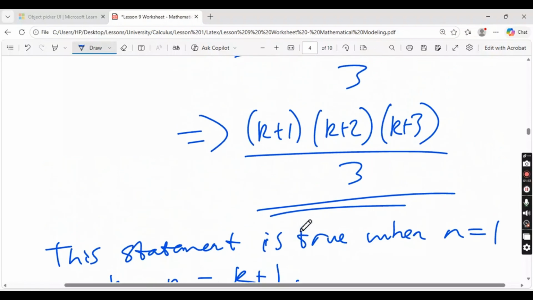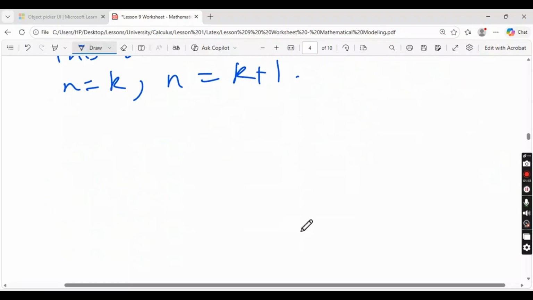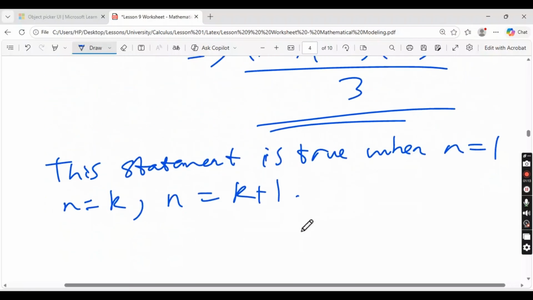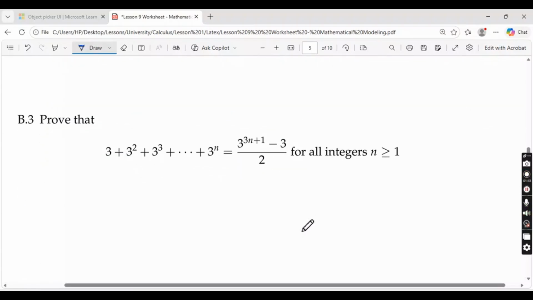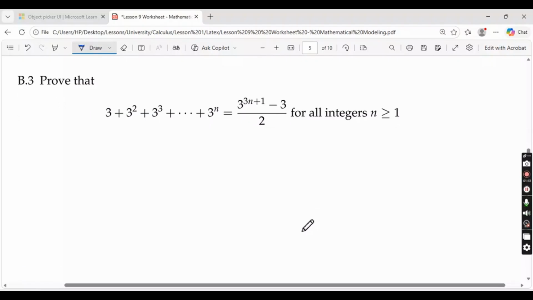Okay, how is this one? How's this question? That's fine, yeah. Okay, now I understand. Okay, cool. Now we have to go to this one. So for n is greater than.